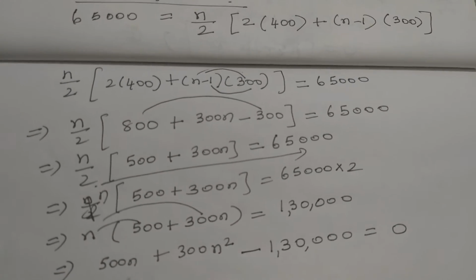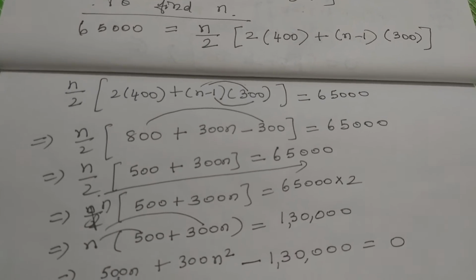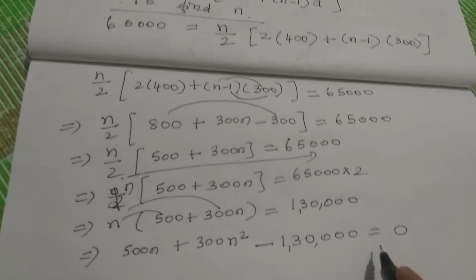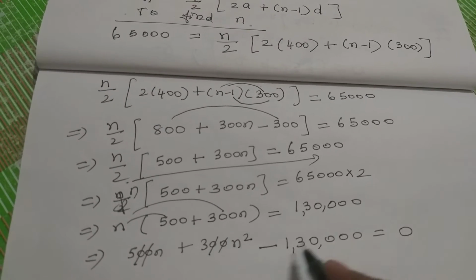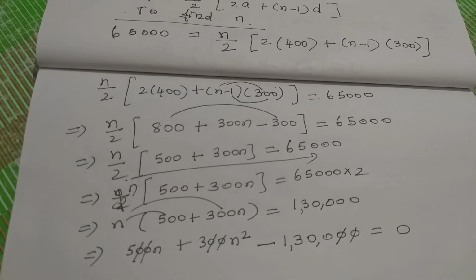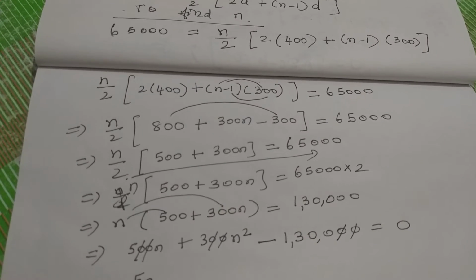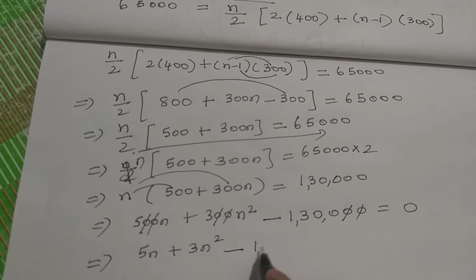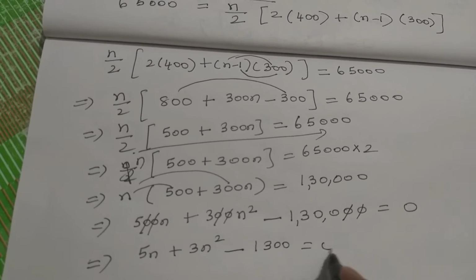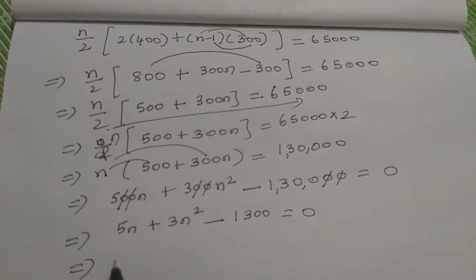Remember, since everything is equal to zero, you can divide throughout. 100 is common in all the numbers, so divide by 100, or cancel 2 zeros. Now you get 5n plus 3n squared minus 1300 equal to 0. This is in quadratic form.